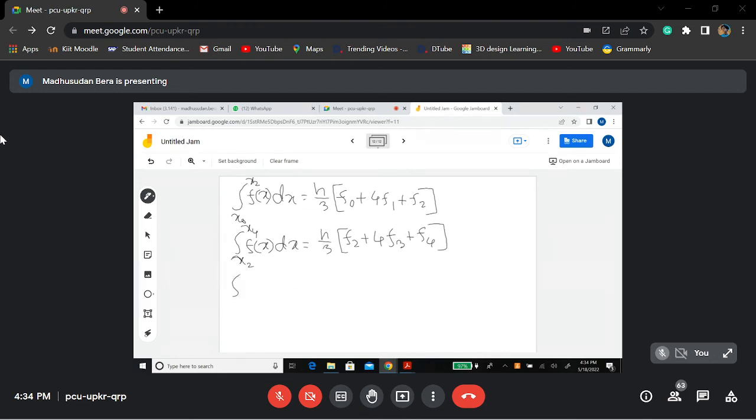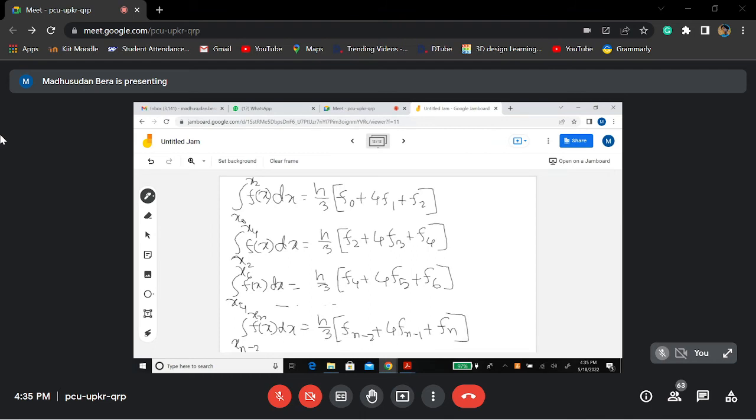Then x4 to x6 of f(x) dx will be h by 3 times f4 plus 4 times f5 plus f6. That way it will continue. What will be the last interval? The last one will be the integral from xn minus 2 to xn of f(x) dx. What will this be? h by 3 times fn minus 2 plus 4 times fn minus 1 plus fn.